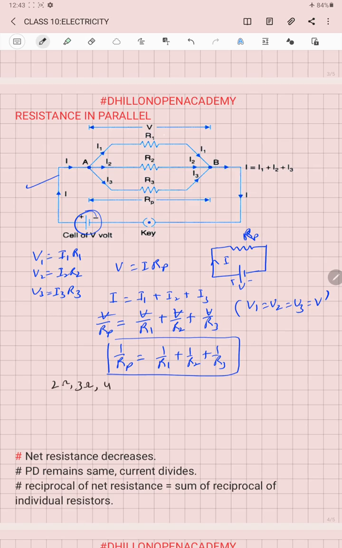3 ohm and suppose 4 ohm, then their net resistance will be 1 by Rp equal to 1 by 2 plus 1 by 3 plus 1 by 4, which will be equal to, first we take these two, 5 by 6 plus 1 by 4, it will be equal to 13 by 12, or Rp will be equal to 12 by 13 ohm.